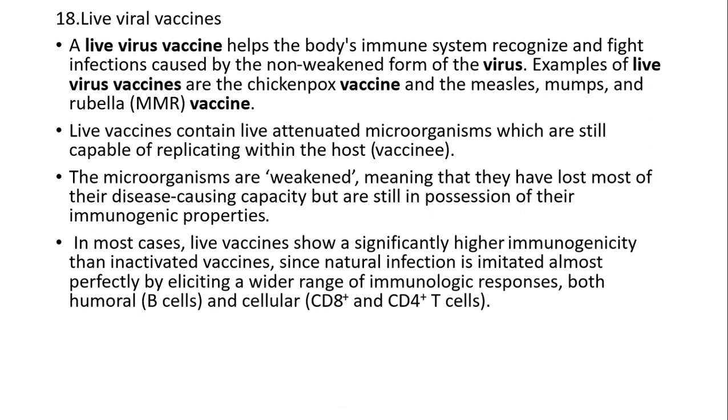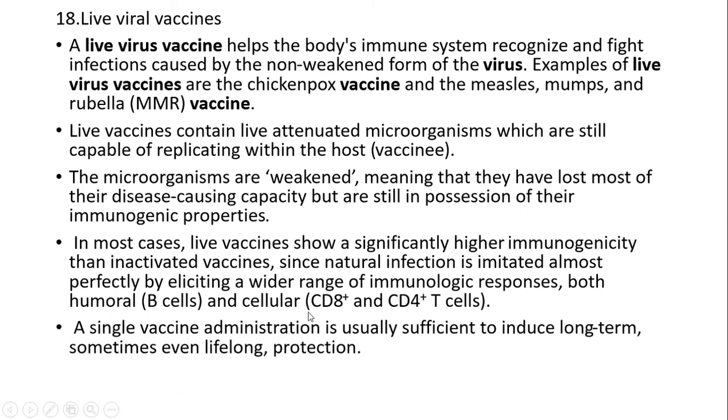In most cases, live vaccines show significantly higher immunogenicity than inactivated vaccines since natural infection is imitated almost perfectly by eliciting a wider range of immunological responses, both humoral (B cells) and cellular (T cells). A single vaccine administration is usually sufficient to induce long-term, sometimes even lifelong protection.